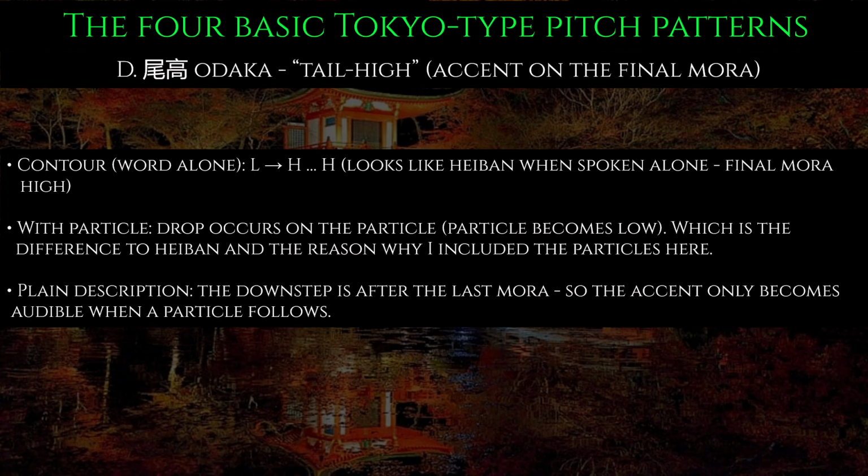Yet with particle, the drop occurs on the particle, which means the particle becomes low, which is the difference between heiban and odaka, and the reason why I even included the particles here in the first place. So the downstep is after the last mora, so the accent only becomes audible when a particle follows.